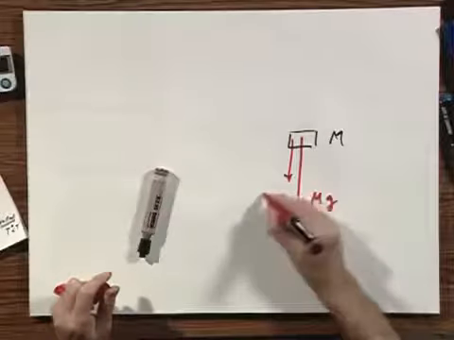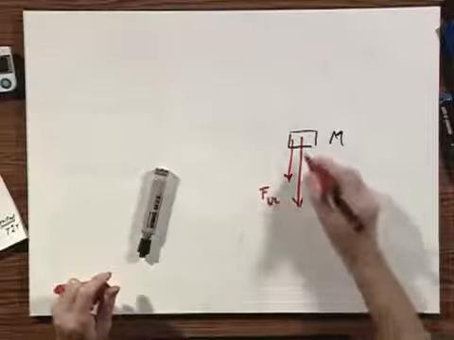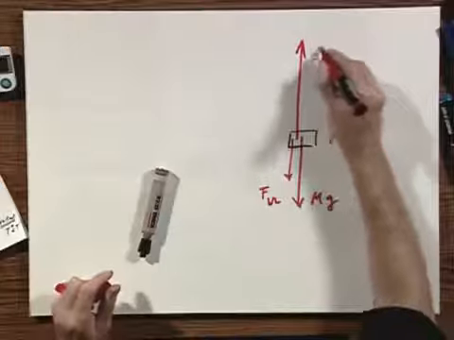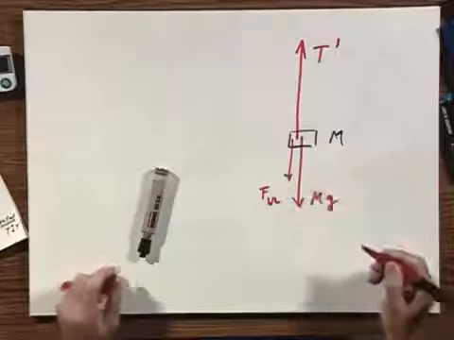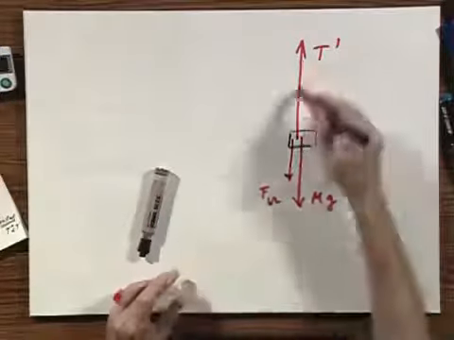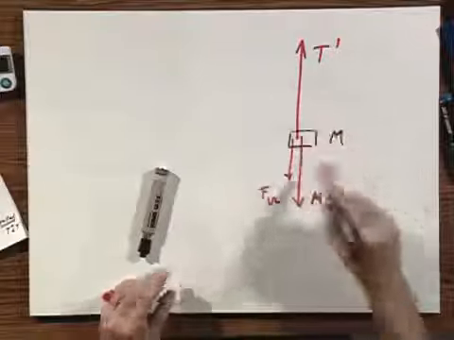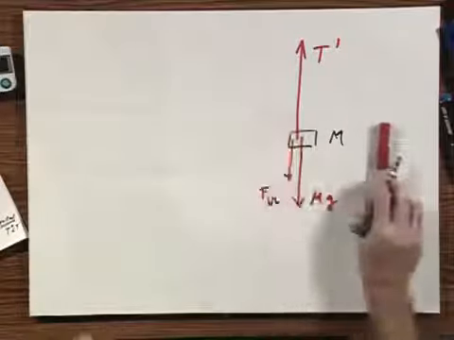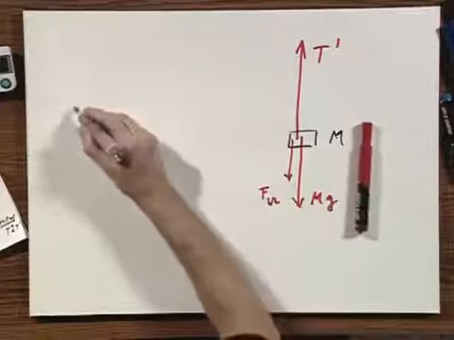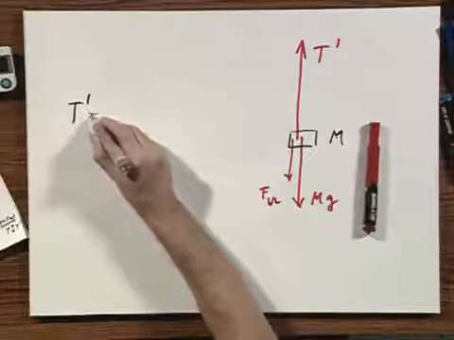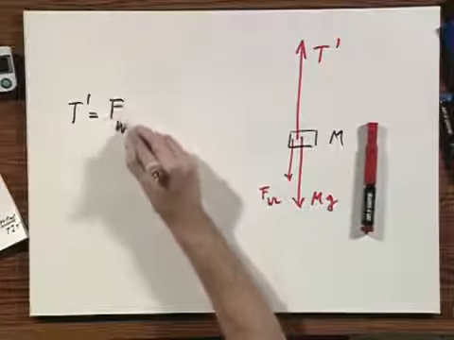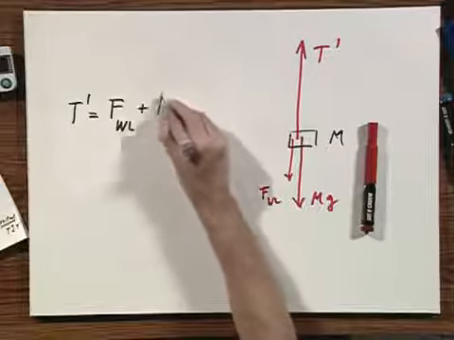I have here the force by Walter-Lewin. And this T, which I will call T prime now, not to confuse it with the previous one, must exactly balance out these two forces. And so, to have equilibrium, I would get T prime equals the force by Walter-Lewin plus mg.